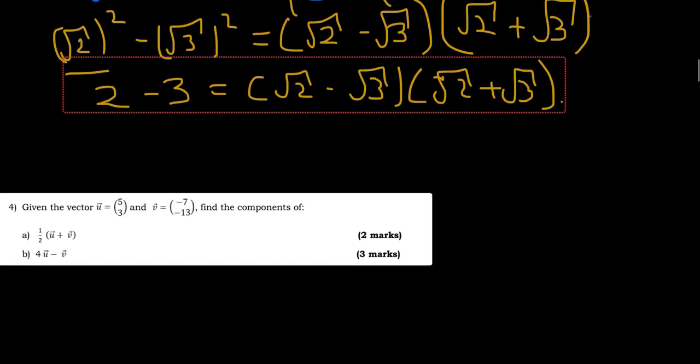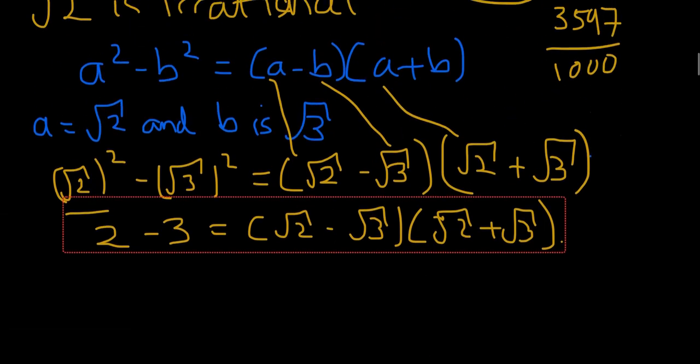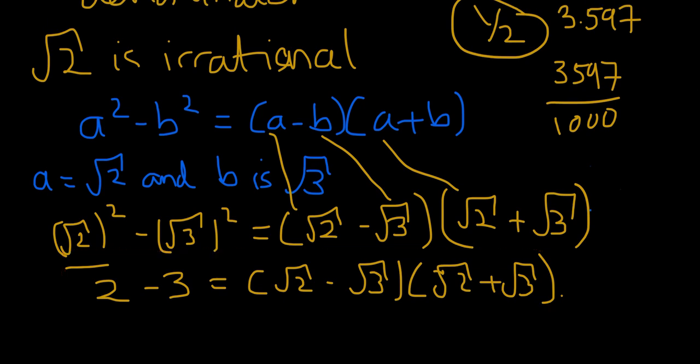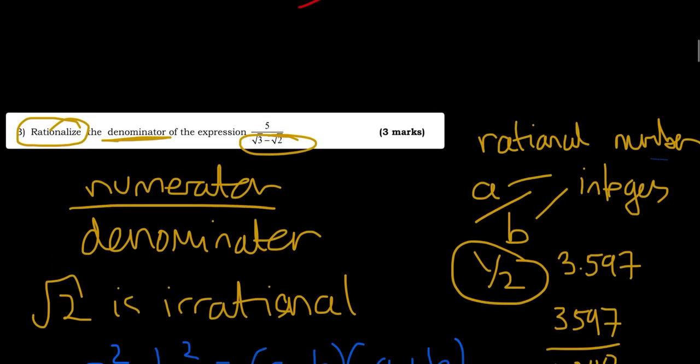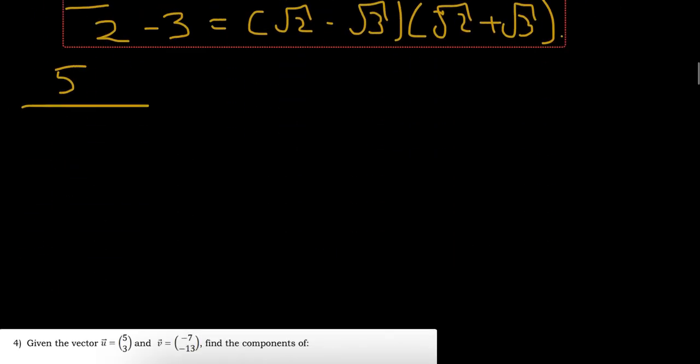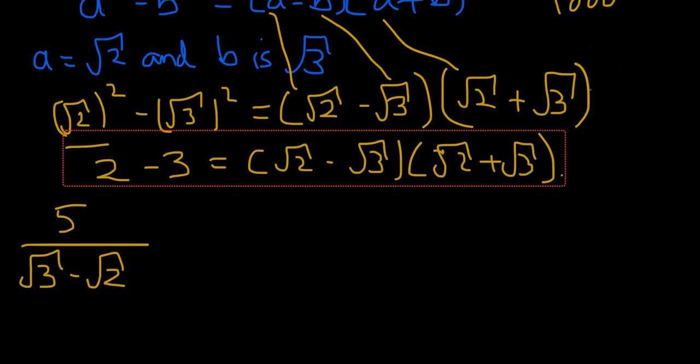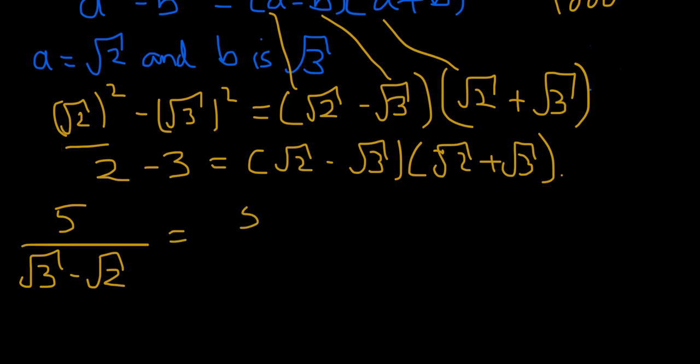Okay, let me just move this out of the way. So now we go back to our thing. So we have 5 over this. We have 5 over square root of 3 minus square root of 2. Now we know if we multiply this on top and bottom by anything, it will still be equal, right?